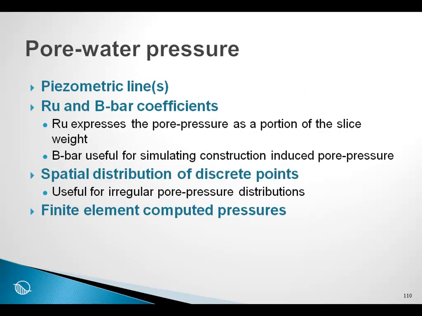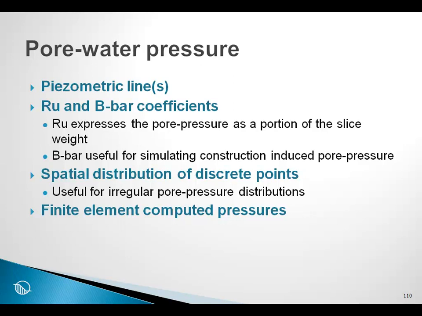As with all aspects of Slope W, there are many different ways of defining pore water pressure conditions. The most common perhaps is to define a piezometric line or piezometric lines. There are other more historic means such as an r sub u parameter or a B-bar coefficient. An r sub u parameter expresses the pore pressure as a proportion of the slice weight.